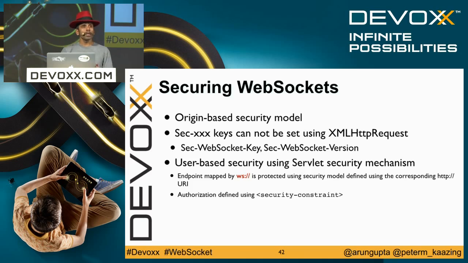Now, the other two mechanisms, if you're running in a Java EE environment, is how you can use the servlet security mechanism. In terms of servlet, the way it works is you specify the URL pattern that you're trying to access, and using that URL pattern, your resources are protected. Whatever is defined for servlet, the same rules apply for the WS URI scheme as well. So that's one way.